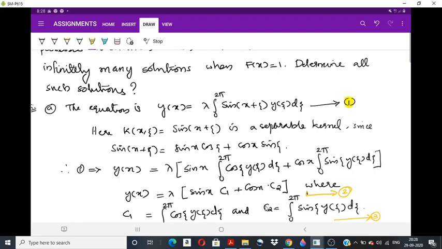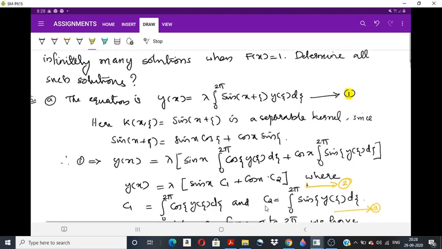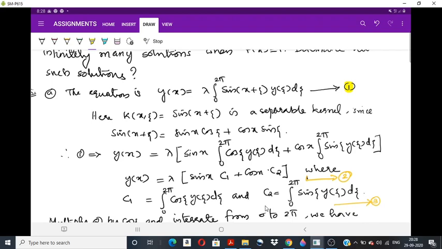So we can apply the theory explained in section 3.6 of the textbook.